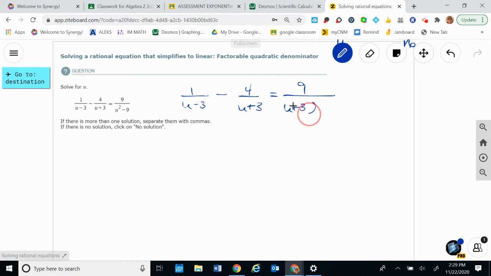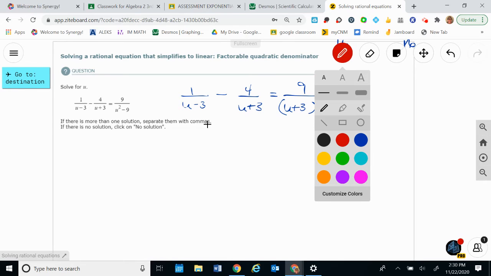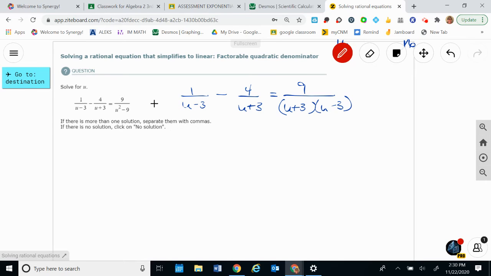U plus 3 times U minus 3. And you can see that the common denominator that contains everything is going to be U minus 3 times U plus 3. So for this one, I need to multiply by U plus 3. This one I need to multiply by U minus 3. And now we have it all. They're all under the same denominator.